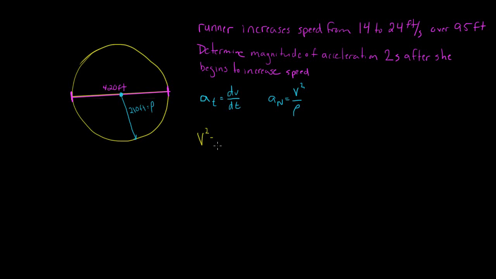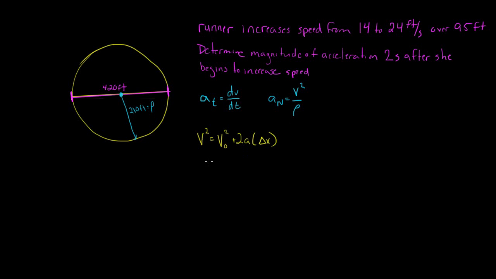The final velocity squared is equal to the initial velocity squared, plus 2 times the acceleration times the change in position, delta x.